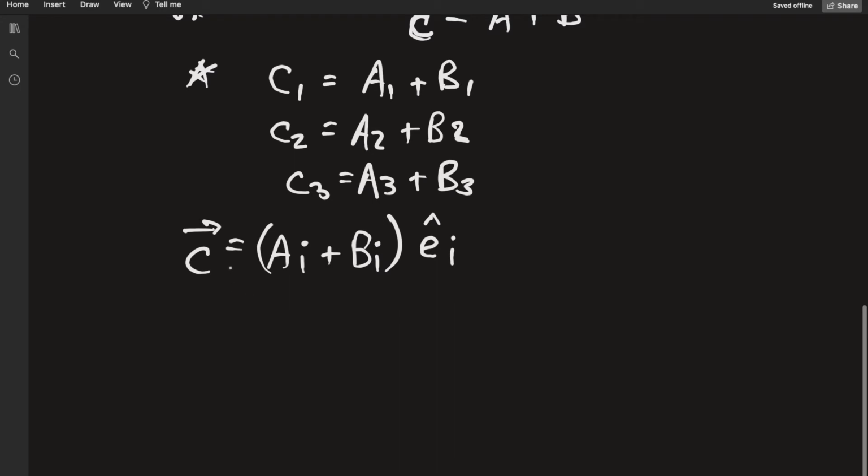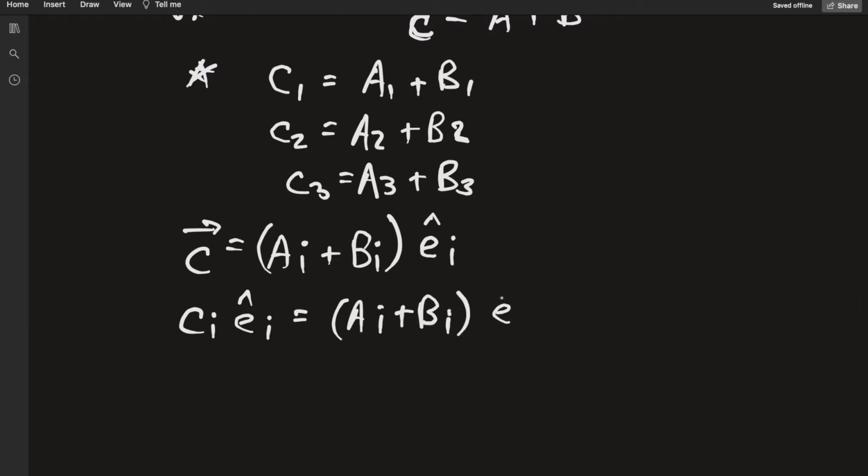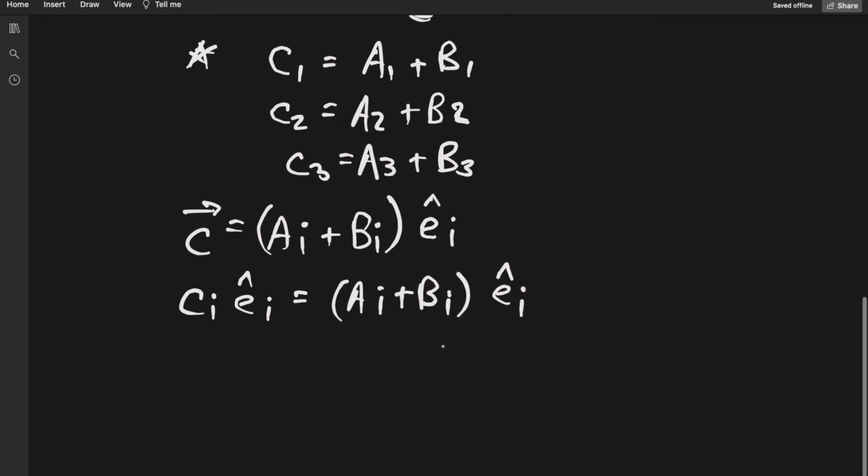And I mean, if you want to use same indices, you can expand C_i as C sub i e sub i is equal to A sub i plus B sub i times e sub i hat.